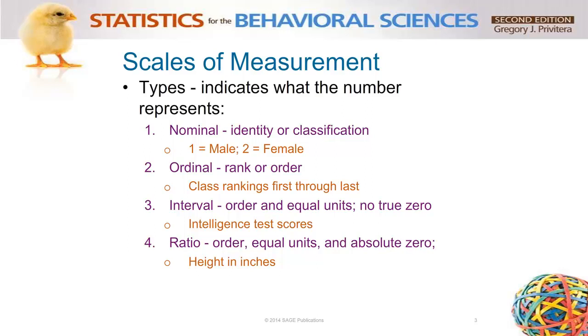You never really score 0, but we do know that the difference between 100 and 105 is about the same as 100 to 95. They're all equal units. We understand what those units mean. We have ratio, so again this is order, equal units, and there is an absolute 0. Height in inches would be an example of that.